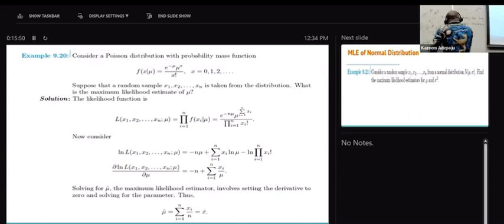The log of L is going to be the log of this guy, mu raised to power that divided by this guy. Take a look at that. So this is more or less like log of A times B.